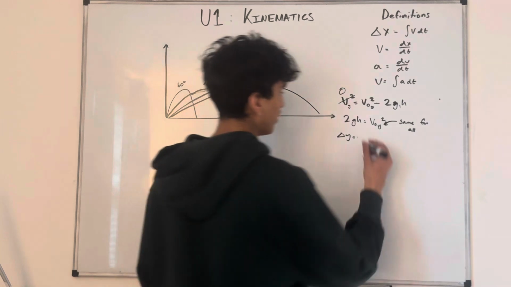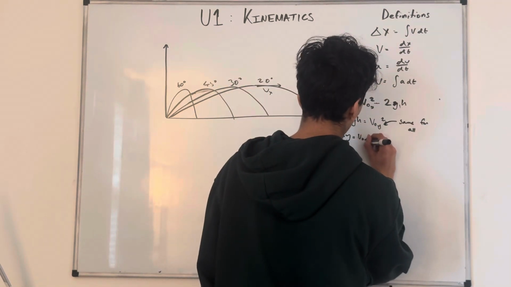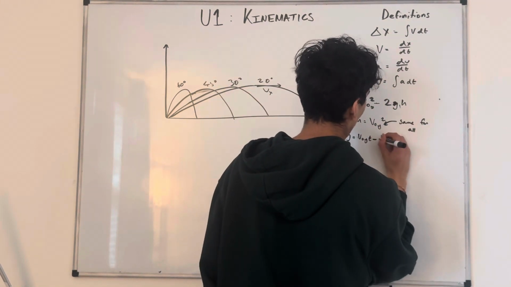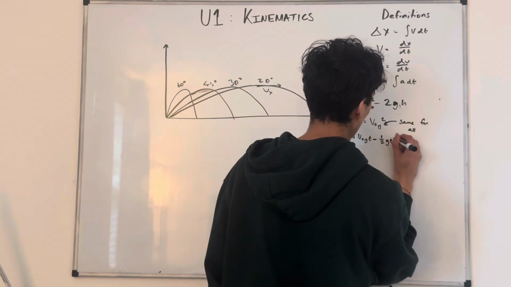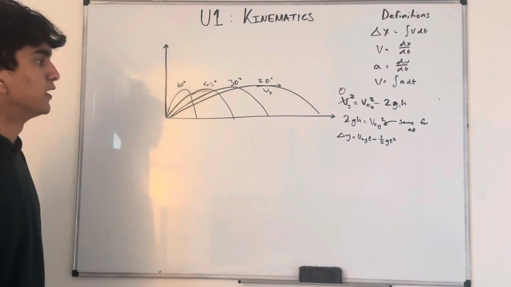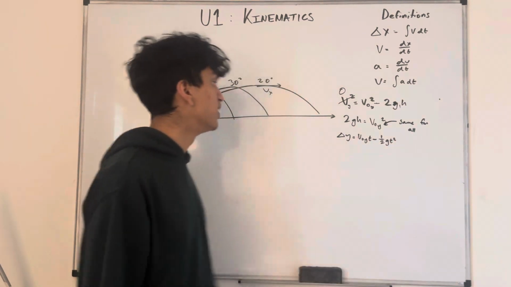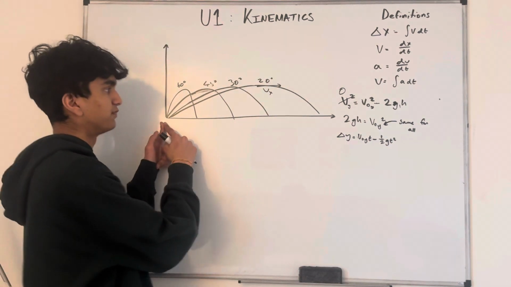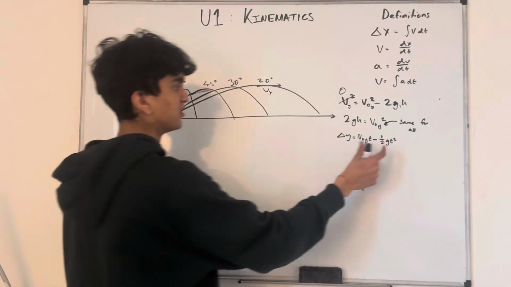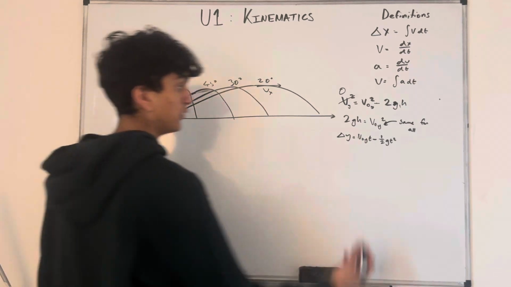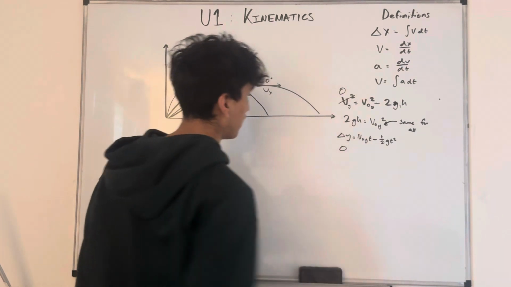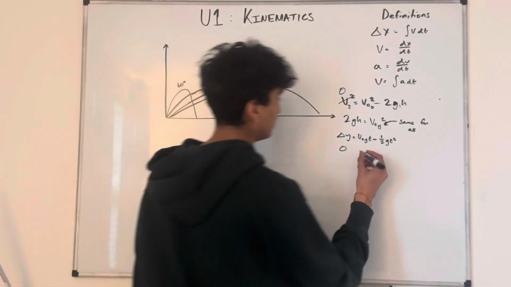change in y equals v initial y times time minus 1/2 g t squared, then I know that, well, for their change in y after the total time t, it's going to be 0 because they start and end at the same height. And I can really solve for t.